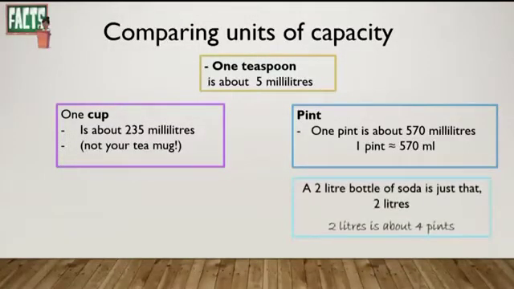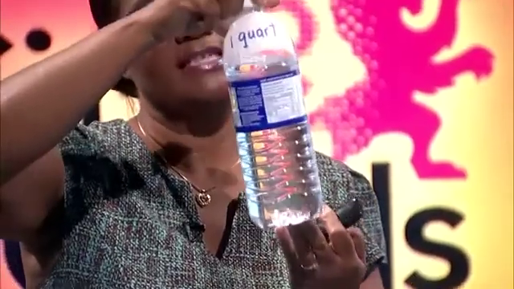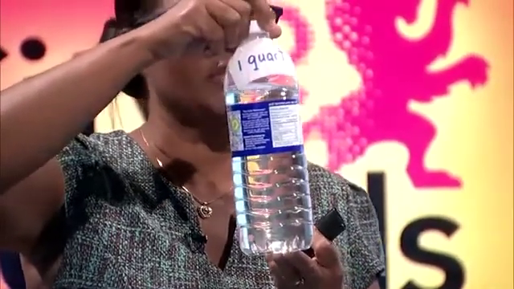A 2-liter bottle of soda is called a 2-liter bottle because it is 2 liters. 2 liters is about 4 pints. And 1 quart is about 1 liter. So this size bottle, which is a little bit bigger than what you drink in one go, is 1 liter.